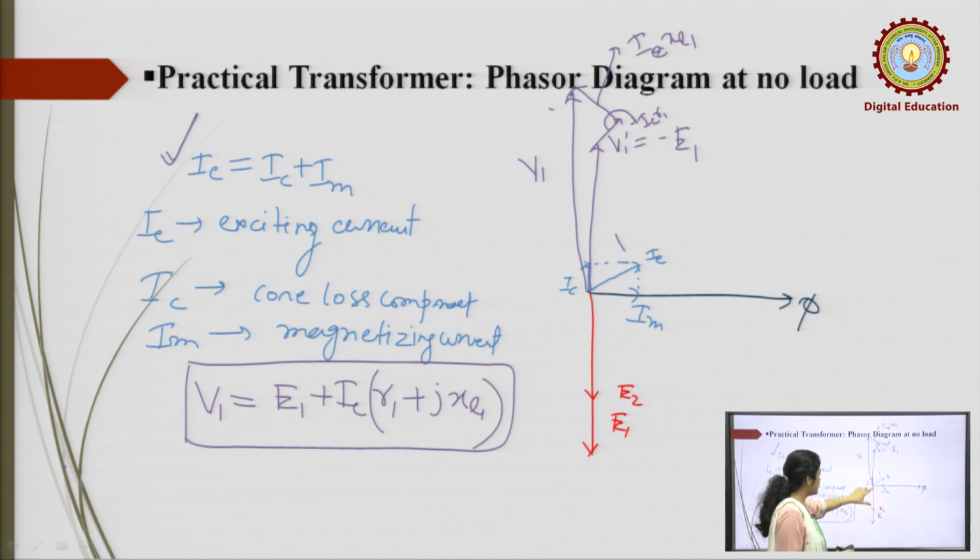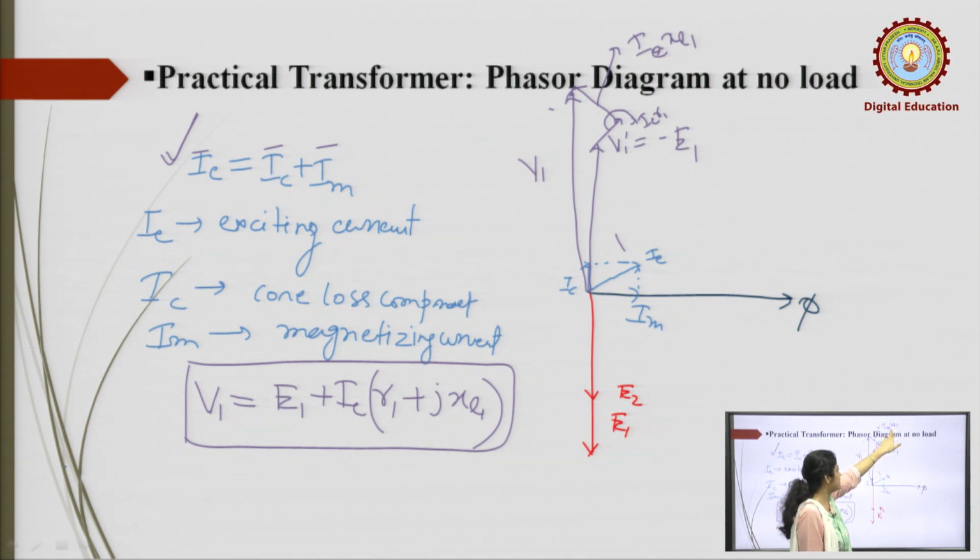Okay. So, in this, E1 and E2 are there, and I is the phasor sum of IC plus IM, where I is the exciting current, IC is the core loss component and IM is the magnetizing current. So, if you draw this V1 dash, this is E1 plus IR1 plus jXL1. The IR1 voltage is in the same phase as the current, and this is the reactance element.